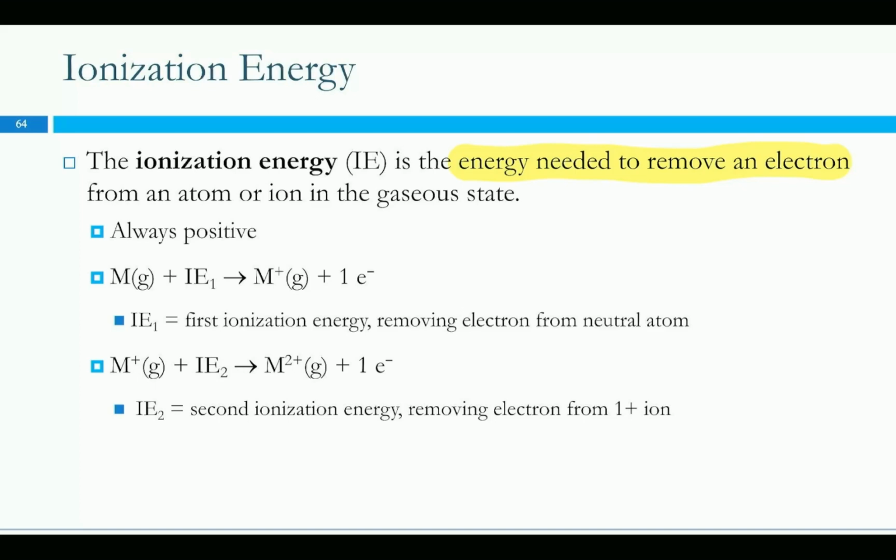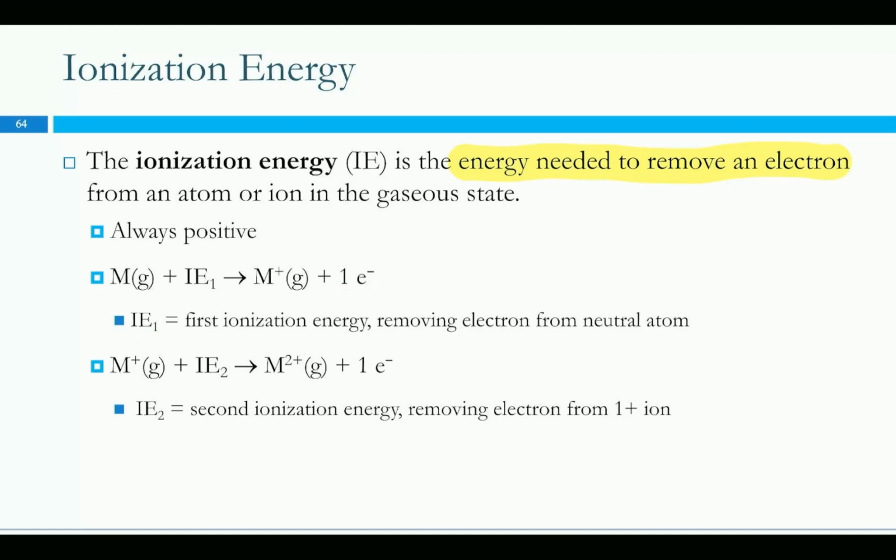So this energy is always going to be positive, because it always takes energy to move an electron away from the nucleus. You have to give it energy to get it away from that energy sink. And so we can have the first ionization energy, IE1, which is to remove 1 electron to make a 1 plus charge.